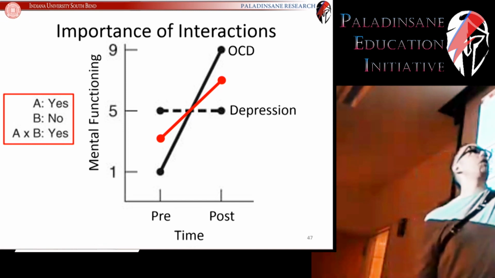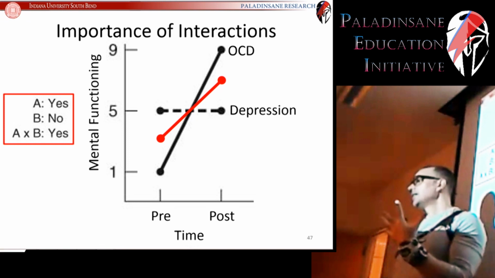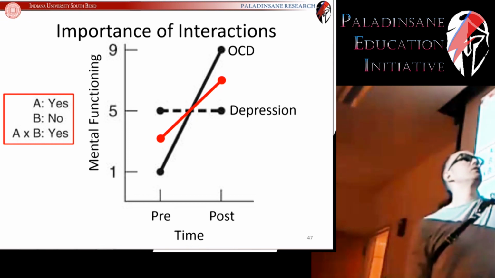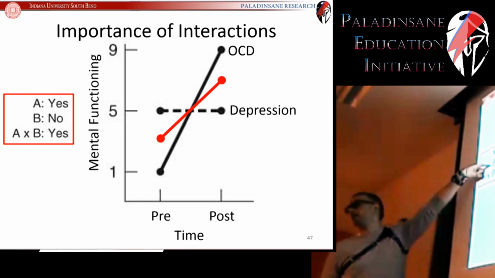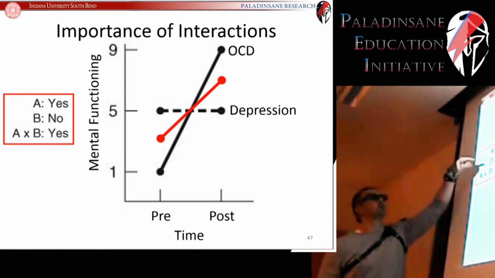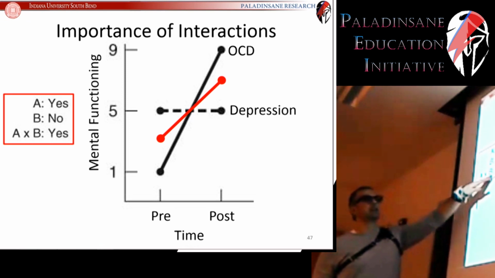Your average level of OCD is the average of 9 and 1, that's also 5. So on average, your depressed individuals and your OCD individuals have no difference in this experiment. So that doesn't mean that your drug works for both, because it comes out in the interaction.